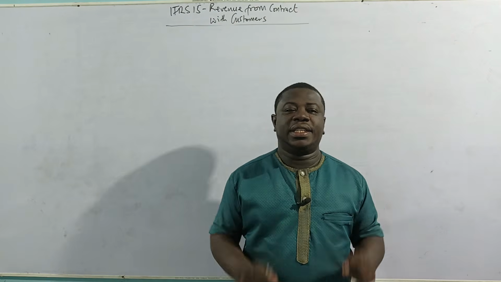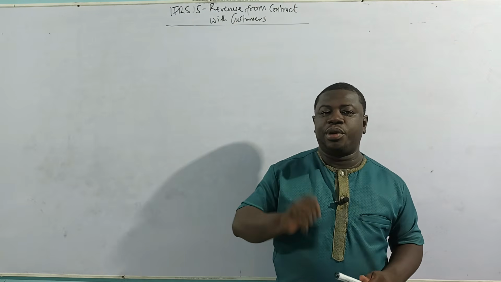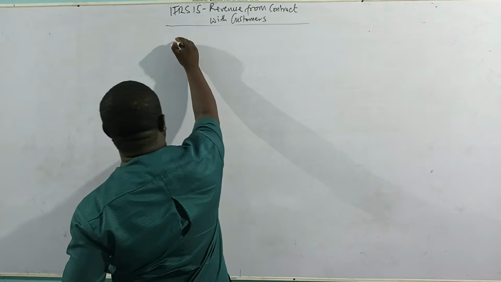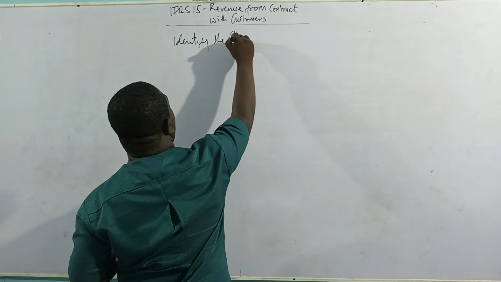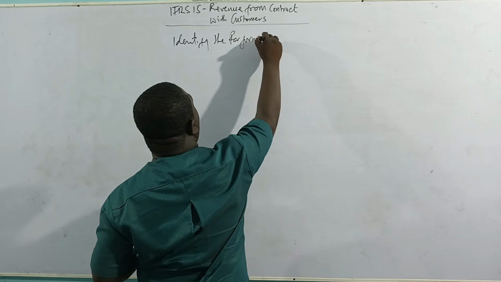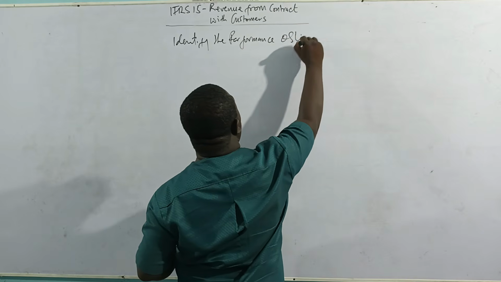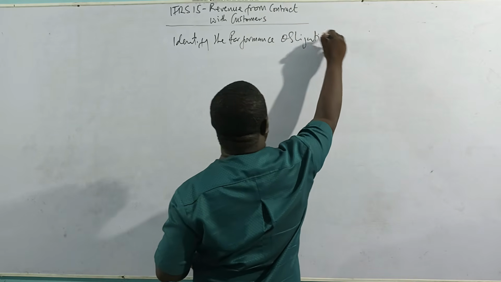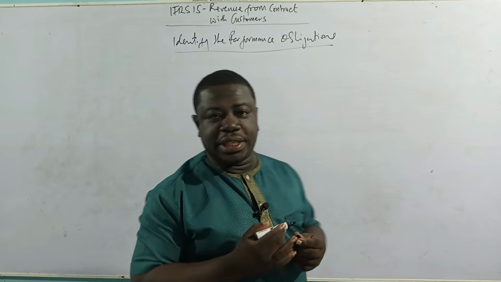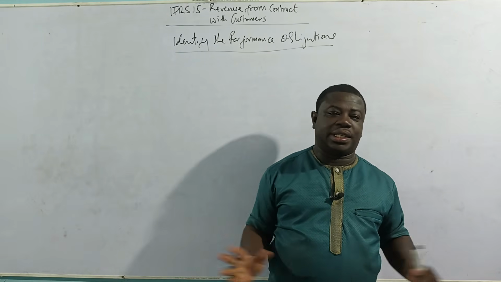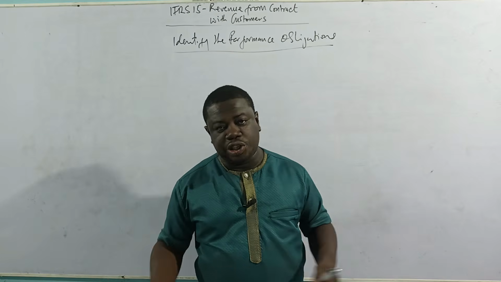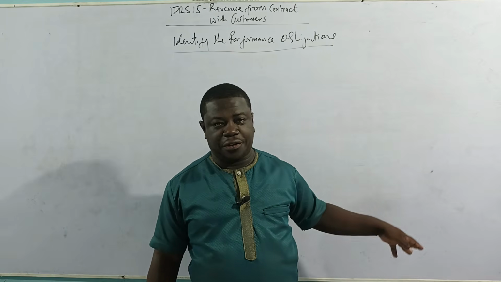Okay. The second step in the 5-step model framework is to identify the performance obligations. Identify the performance obligations under the contract. Now, this one, there is not much information to learn here, unlike the first one.